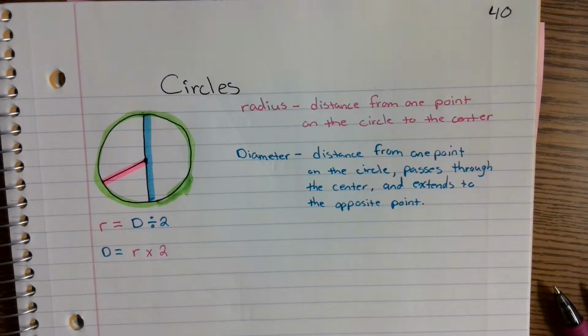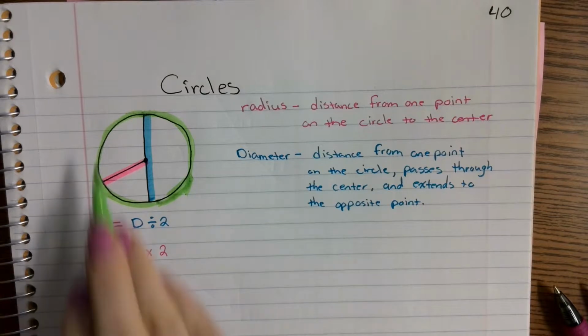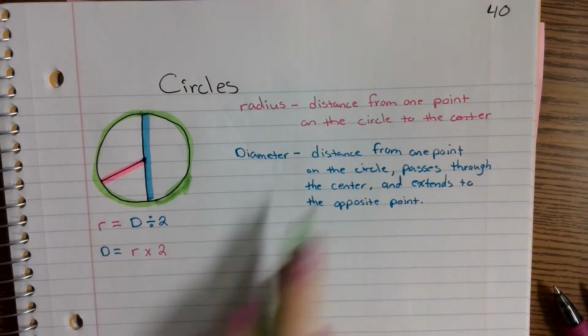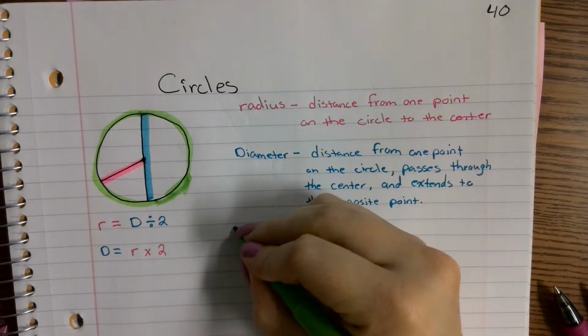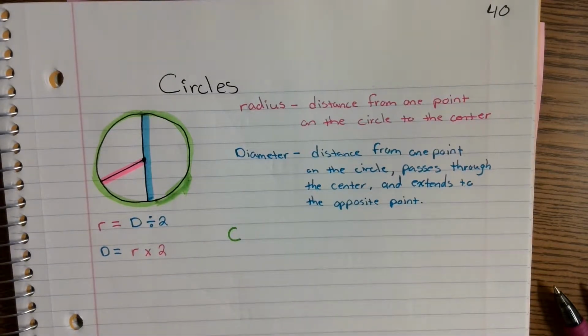Remember, perimeter is the distance around a shape. So you'd add all the sides of the shape together. Well, here we don't have sides. We can't add sides together here because it's a circular object. So it's called circumference. It's still the distance around that shape, but it's the perimeter of a circle.